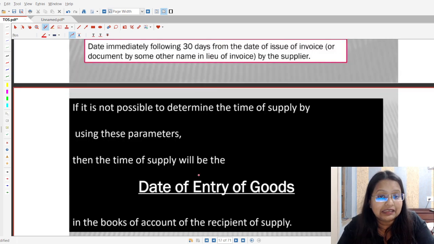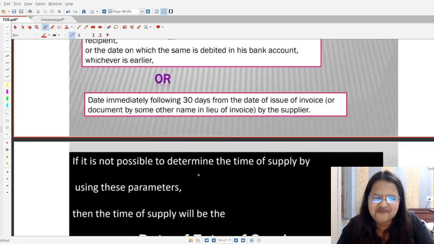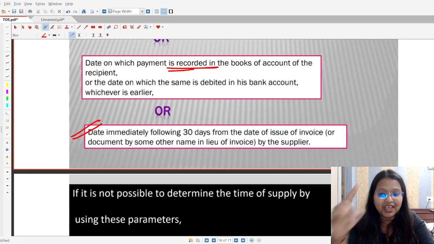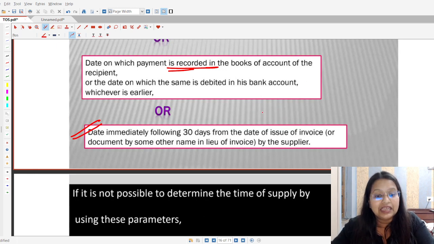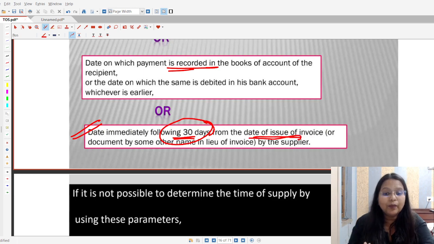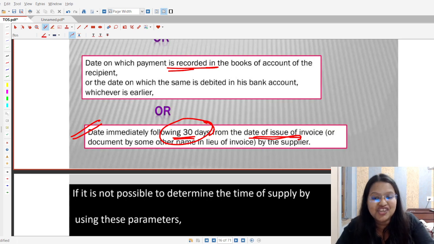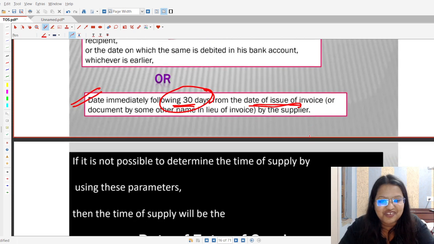Next is the third date, which is very important, please listen carefully. That date is the date immediately following 30 days from the date of issue of invoice, or of another document in lieu of invoice, by the supplier. So the earlier of the following dates shall be the time of supply in the case of reverse charge mechanism.